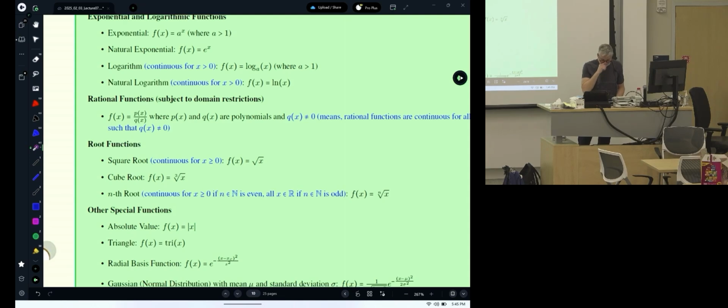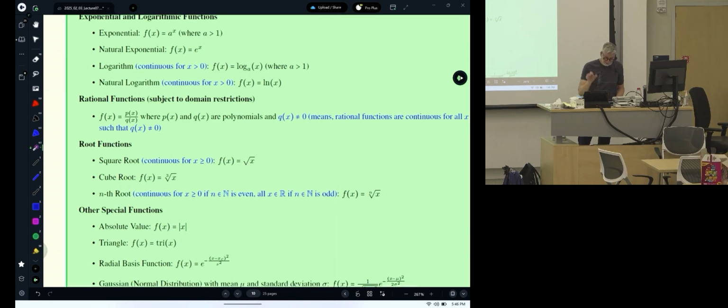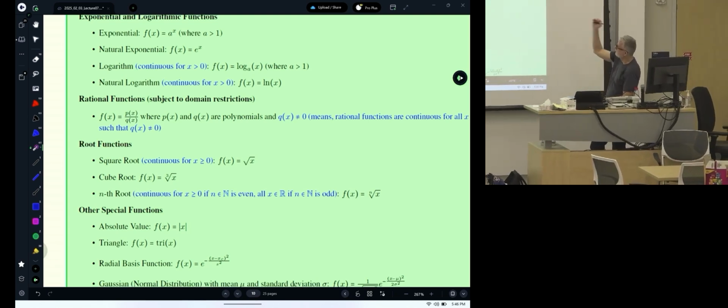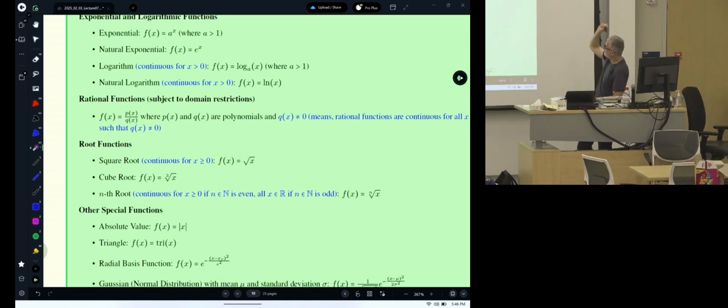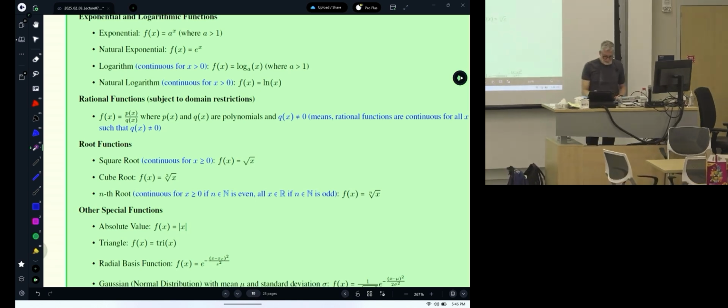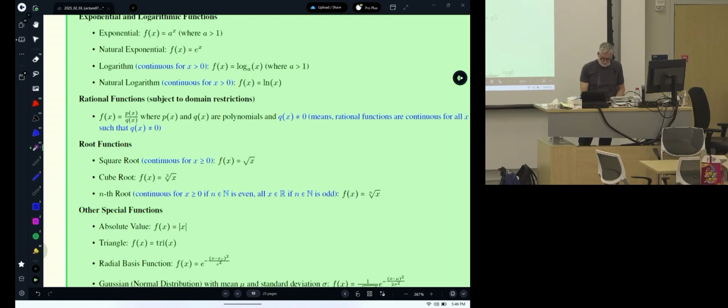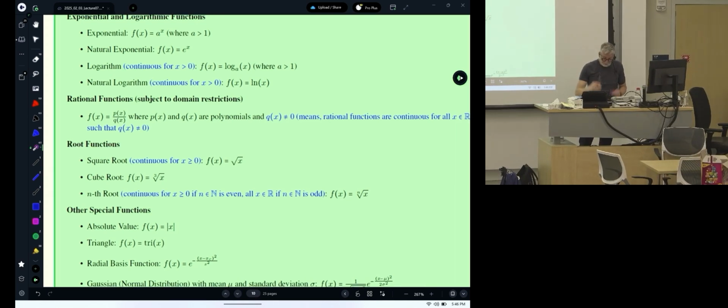Rational functions, we see those all the time, and they're continuous everywhere except points where the denominator vanishes. And so the denominator, if it's a polynomial, it has a maximal degree. Let's say it's 17, so it can have at most 17 roots. And then we only care about the real roots because we're working as a function to the reals.